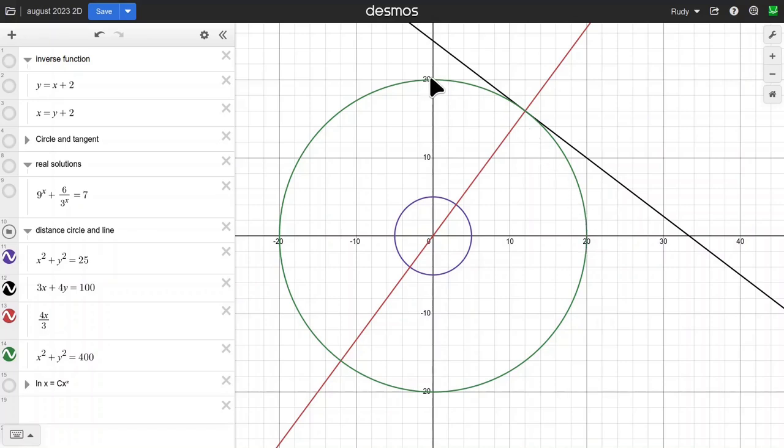So this is 20, this is 5, so the remainder here is 15, as you can see. So that's what it looks like on a nice graph.